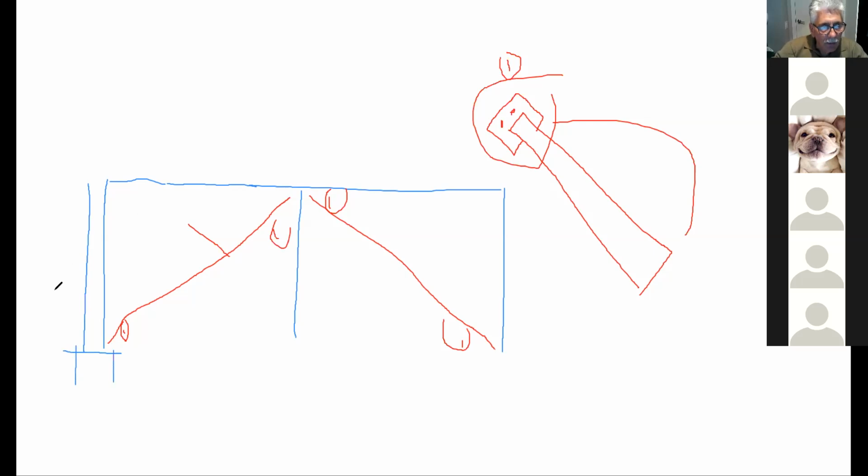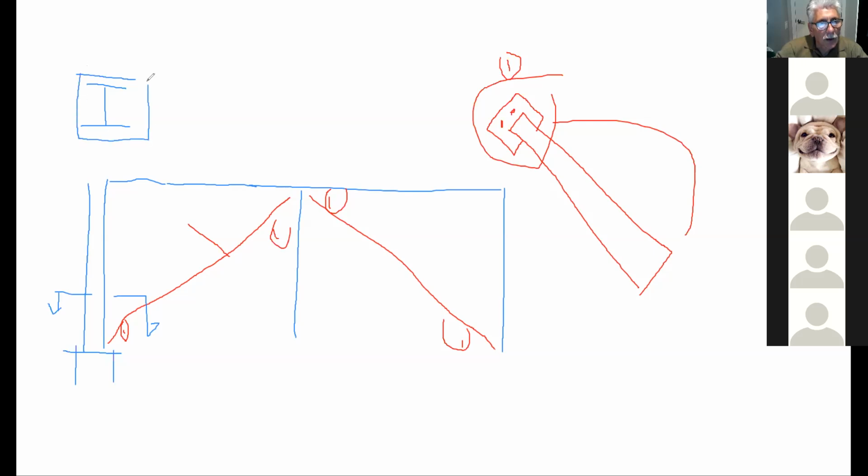Now, if I make a cross section looking down here like this, okay, this is what I see. I see the flange, I see the web, and I see the flange, and then of course I see my base plate. Do you agree? Yeah.